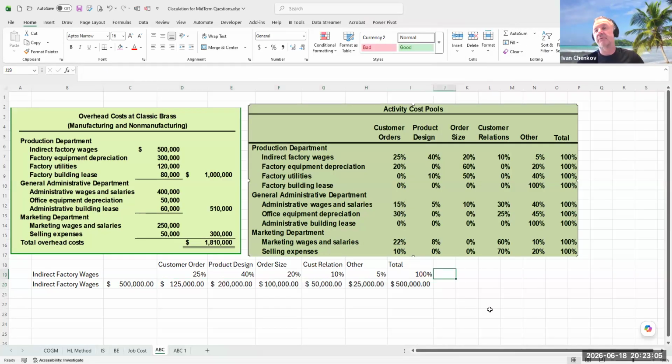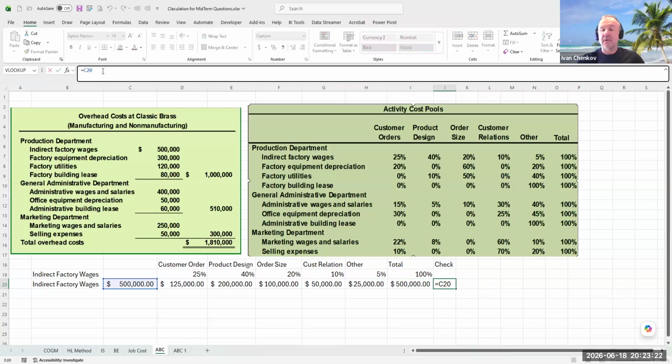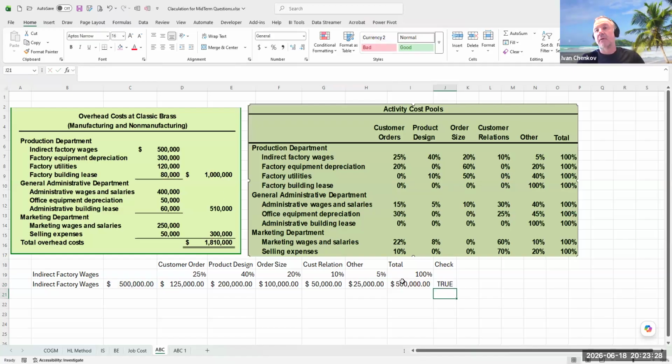And you can see in the very end, you can put yourself a checkpoint. If you're doing this on Excel, this amount minus this amount should be equal to this amount. Sorry, this amount should be equal to this amount. If that's true, that means I'm okay.